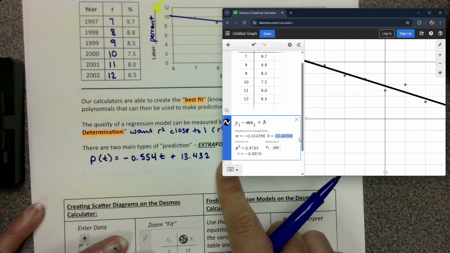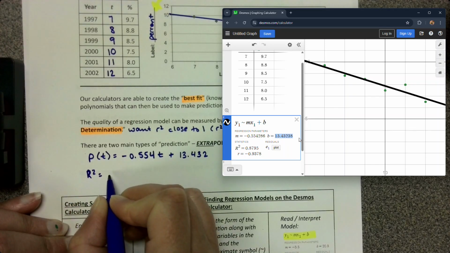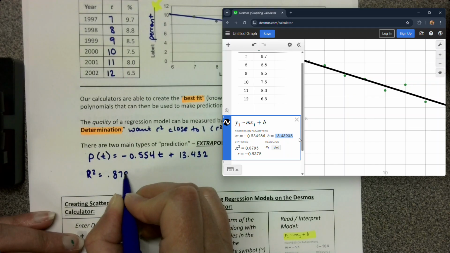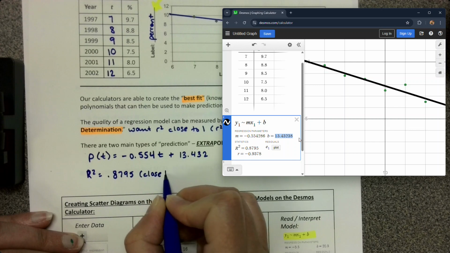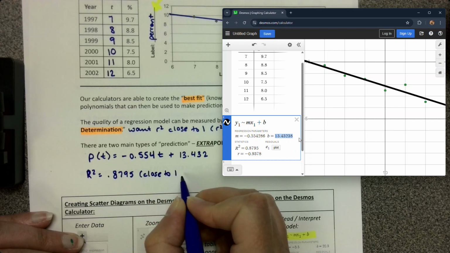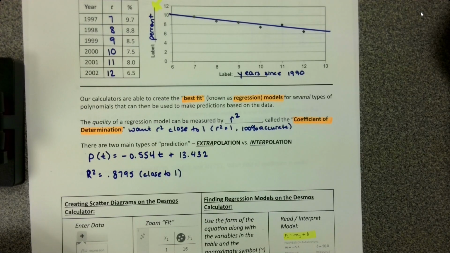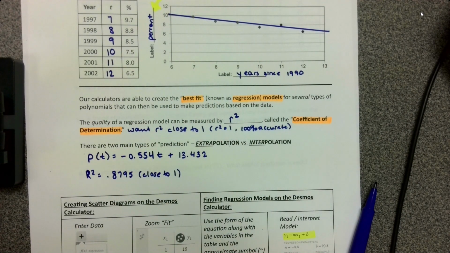So this is our model. And we know that this model has an R squared value of 0.8795, which is pretty close to 1. If I needed to, I would use this model right here to be the equation for this line that is the line that best fits this data.